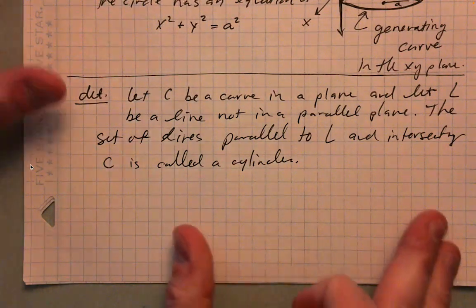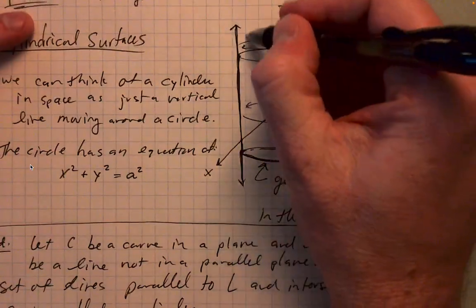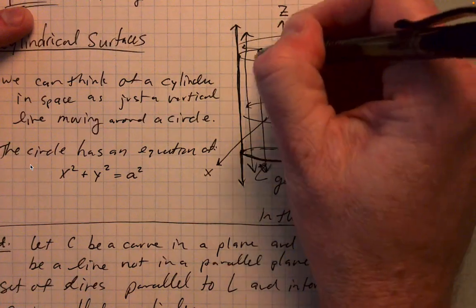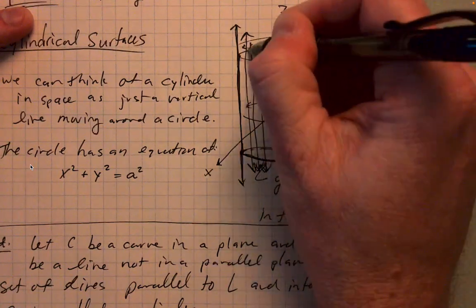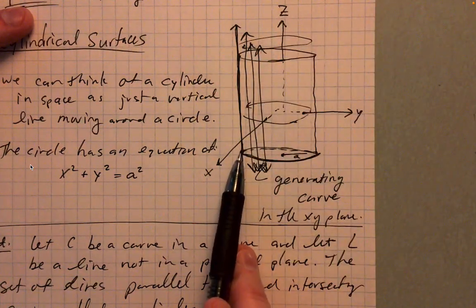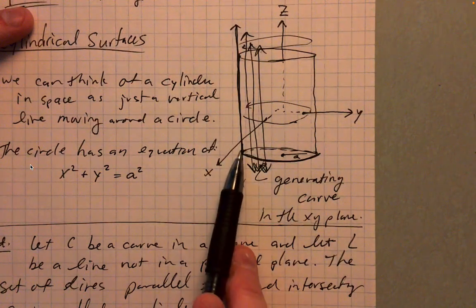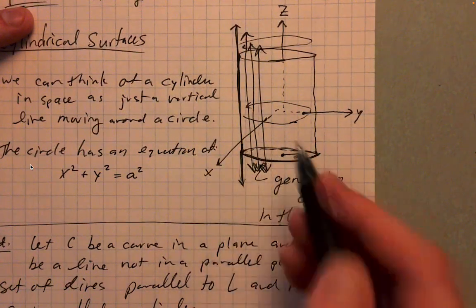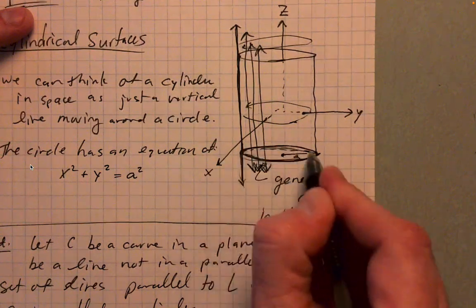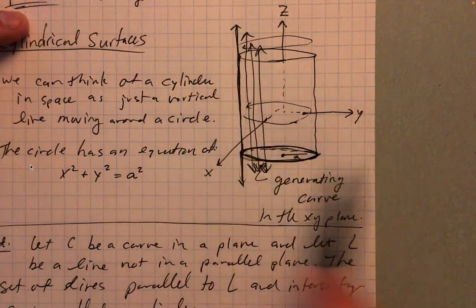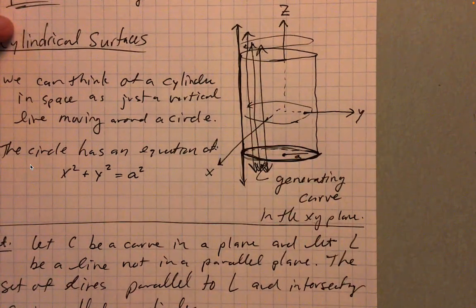Then a cylinder is the set of all such parallel lines. You can imagine all lines parallel to this initial line that intersect this generating curve, the generating curve in this example being a circle. The set of all such lines is what we call the cylinder.